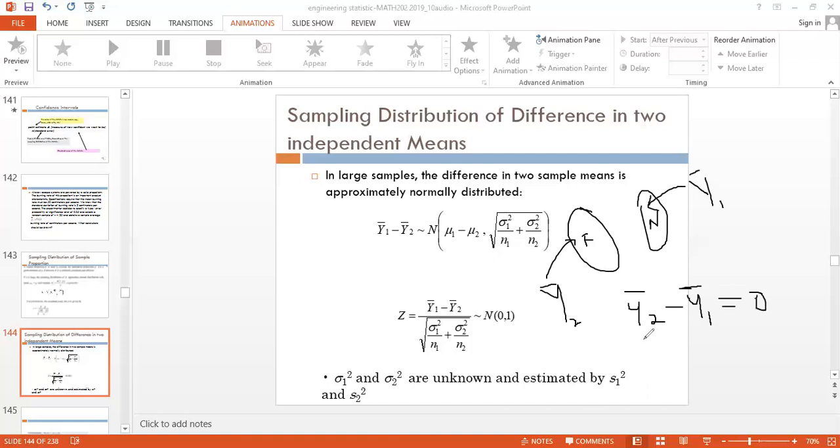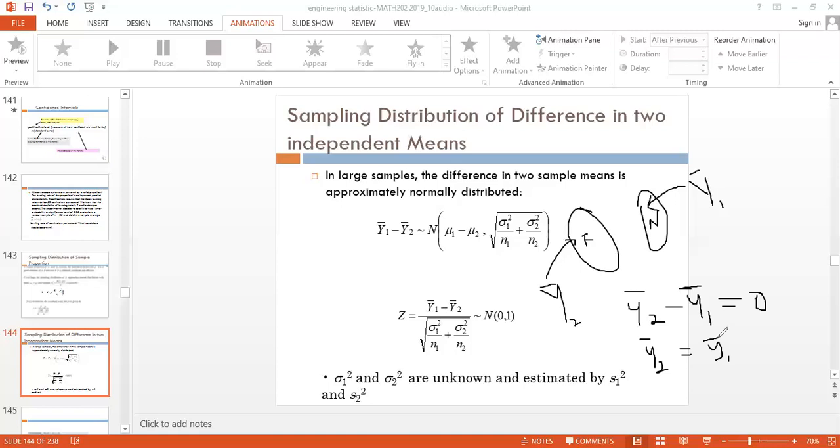If it is equal to zero, then what it also means is the average of population 2 is equal to the average of population 1. So in other words, there is no difference between applying fertilizer and the normal technique. That is what this test brings on board.